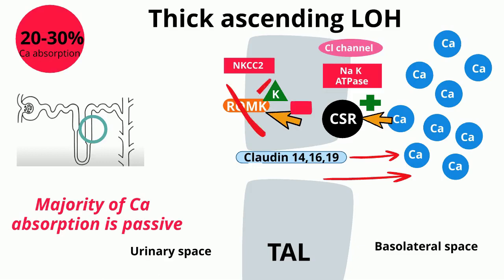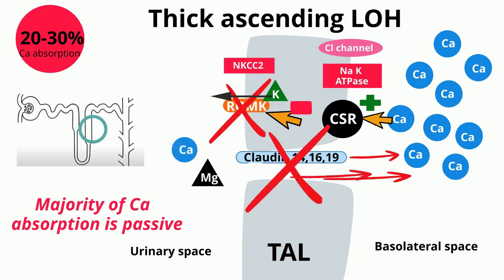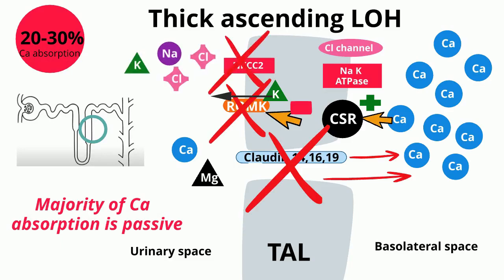If potassium does not get excreted here back into the tubule lumen, it will prevent further calcium and magnesium from getting reabsorbed. It will further prevent sodium 2-chloride and potassium from getting reabsorbed. You will start to lose salt, 2-chloride and potassium in the urine, and you'll start to waste calcium and magnesium when there's activation of the calcium sensing receptor.